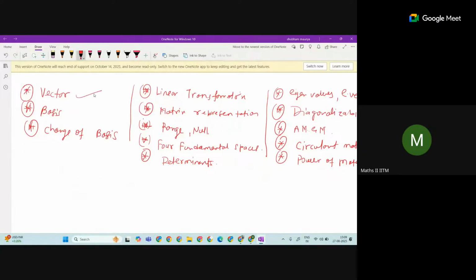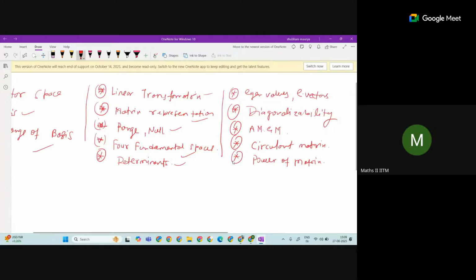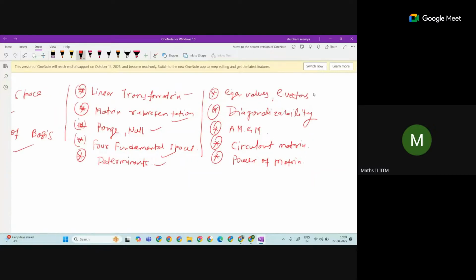Vector space first, then basis, change of basis, linear transformation, matrix representation, range and null spaces, four fundamental spaces, determinants. These topics are important even for weeks 9, 10, 11, 12, because those weeks are based on eigenvalues, eigenvectors, and diagonalizability, algebraic and geometric multiplicity.